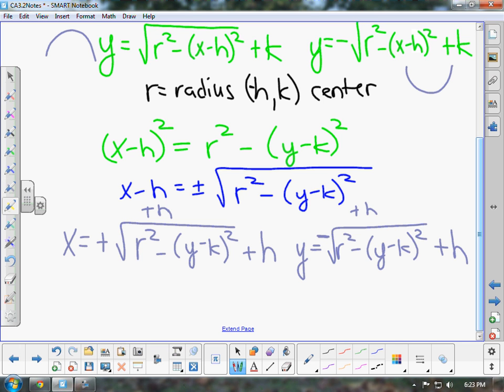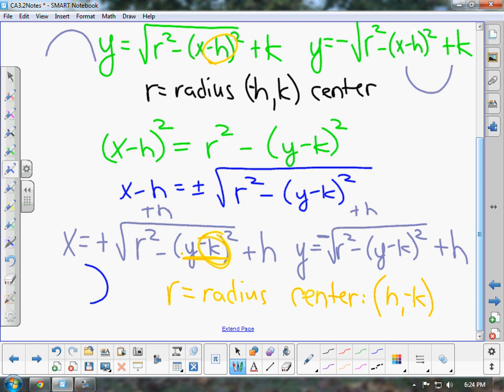And so then again, in this case, our radius would be r, and our center would be at h comma the opposite of k. Whichever thing is in parentheses, when it's in parentheses like this, it's the opposite of that value, whether it's here or here. Now, because this is x equals, when it is positive, it is the right half of a circle. When it is negative, it is the left half of a circle.